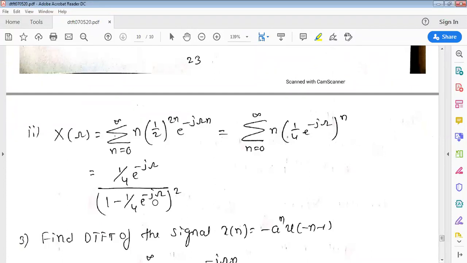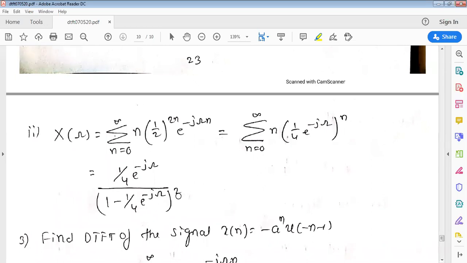It is minus j d by d omega of x of omega. That is nothing but equal to a by 1 minus a whole square. You can directly write the answer, or you can do the differentiation and write the answer. So whatever you have here, write a. This is your a, I write it in the numerator, divided by 1 minus a whole square.